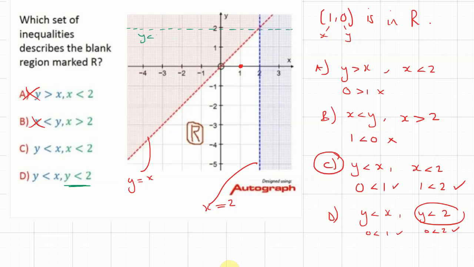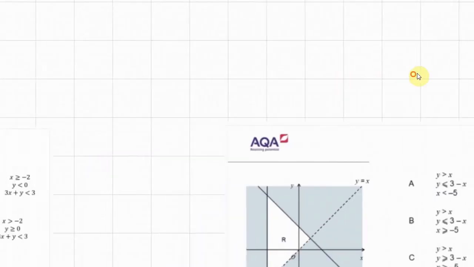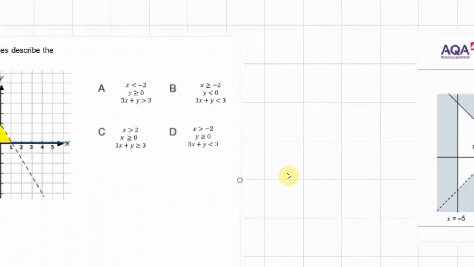Because that is that line. They haven't drawn that. So this inequality is just not drawn. The coordinate I picked might satisfy it, but it's not drawn, so it's not what they want in the question. So C is our correct answer there. Scrolling down to question 4.